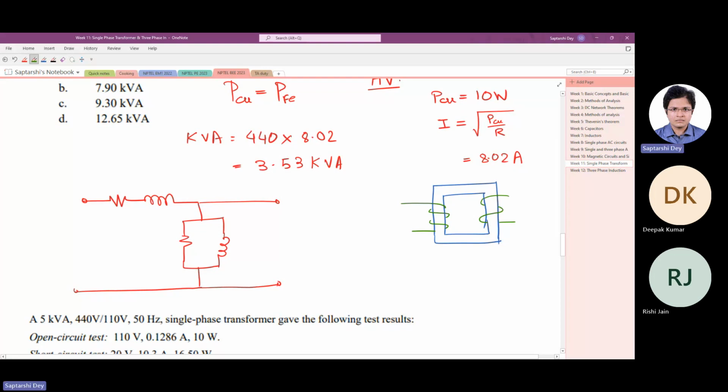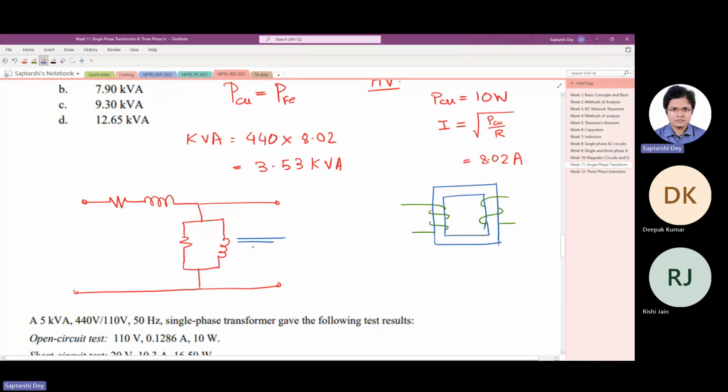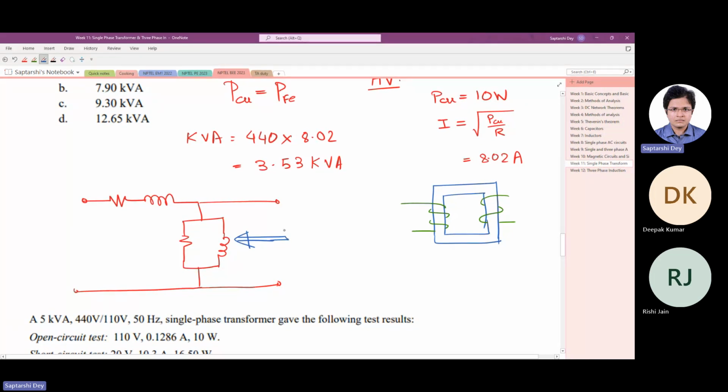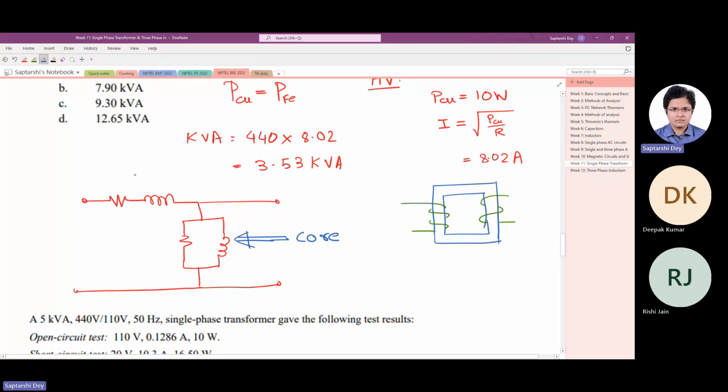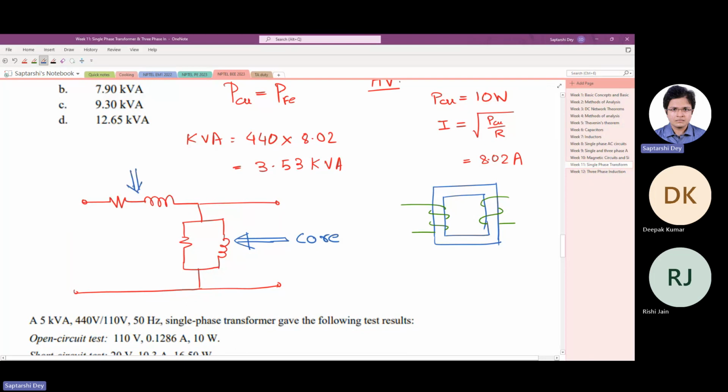Now all the losses in a transformer happen at these two places, at the core and in the windings. The core loss is represented in this branch. So in the equivalent circuit of the transformer, this parallel branch represents the core, and this series impedance represents the winding.